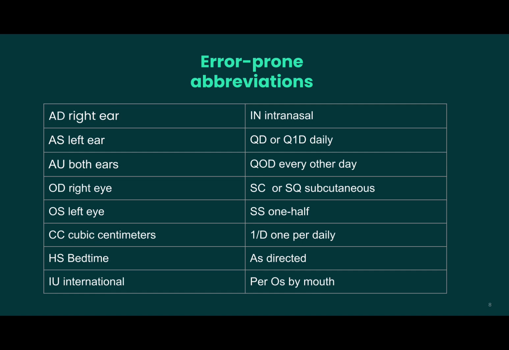UD, as directed, can be mistaken as unit dose. Per OS can be mistaken as OS, left eye. So these are just some abbreviations you want to be aware of and to not make that mistake when you're a pharmacy technician. The degree symbol can also be mistaken for a 0.